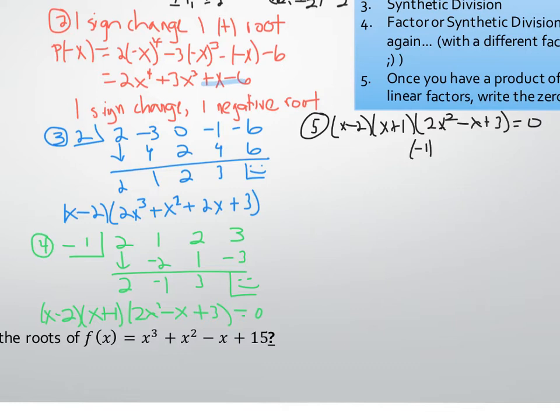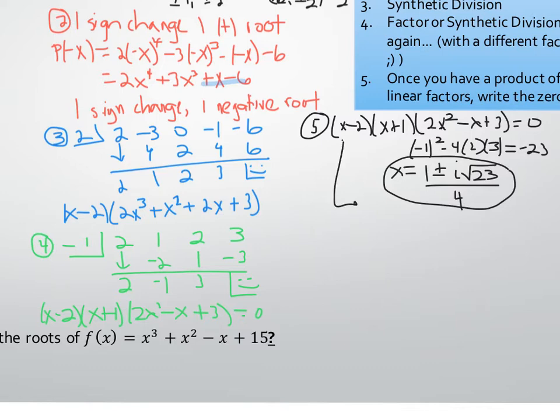So we'll do -1 squared minus 4 times 2 times 3. And that gives us 1 minus 24, which is -23. Or x equals the opposite of b, so 1 plus minus the square root of -23, which is i square root 23, over 2 times a, or 2 times 2, which is 4. So we have two solutions here.